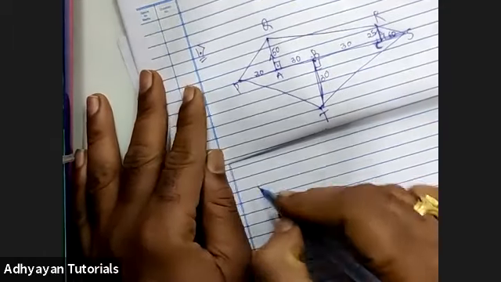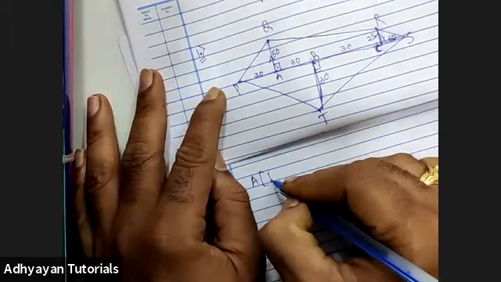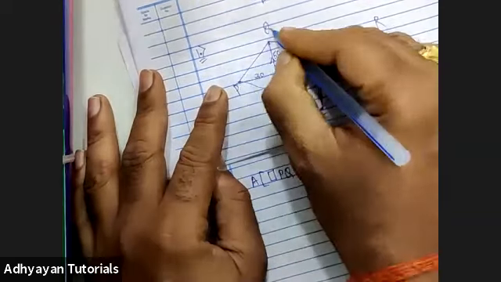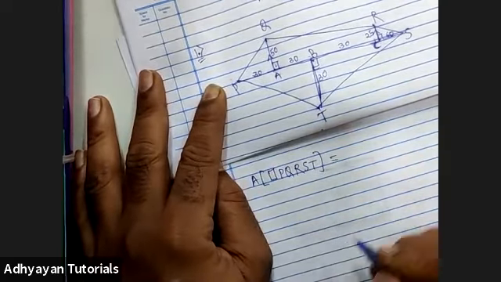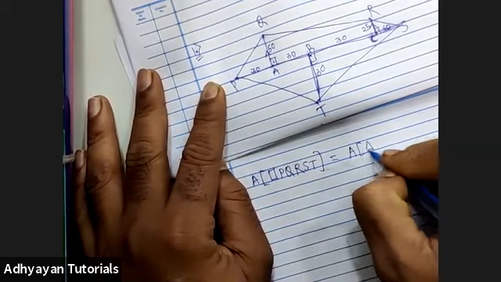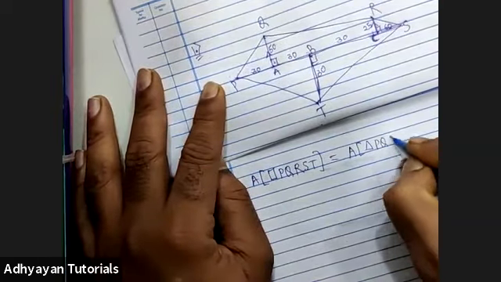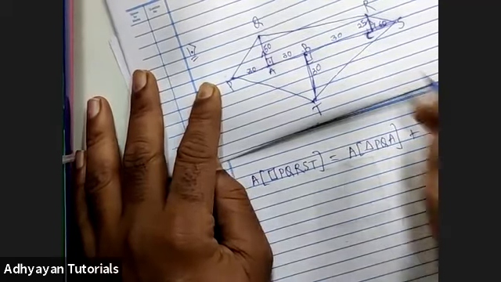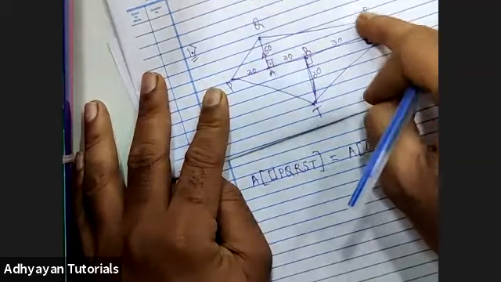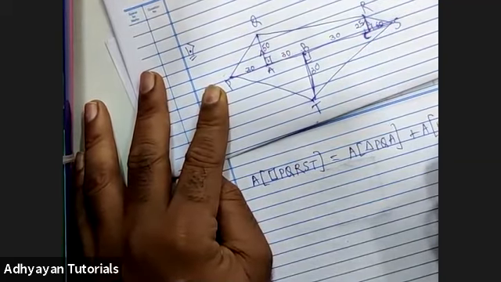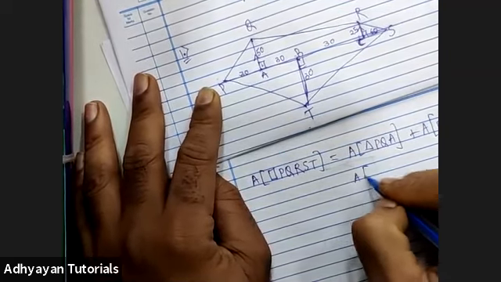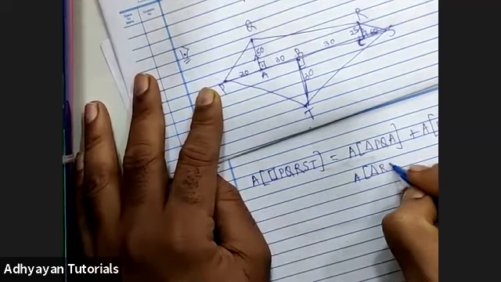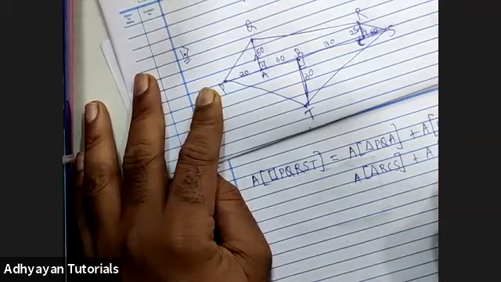Here, area of plot PQRST, which is what we had to find, is equal to area of triangle PQA plus area of quadrilateral QACR plus area of triangle RCS plus area of the bigger triangle PTS.